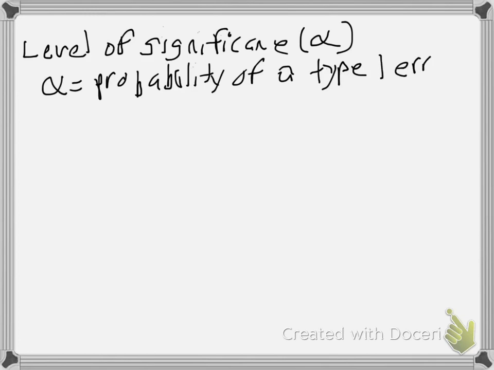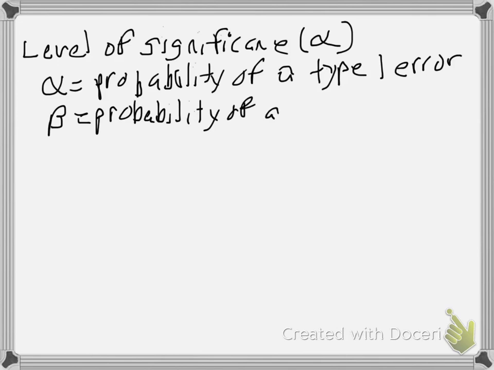And remember, that's convicting someone when they are innocent, rejecting a null when it's true. And then there is another probability, and that's beta, the probability of a type 2 error.